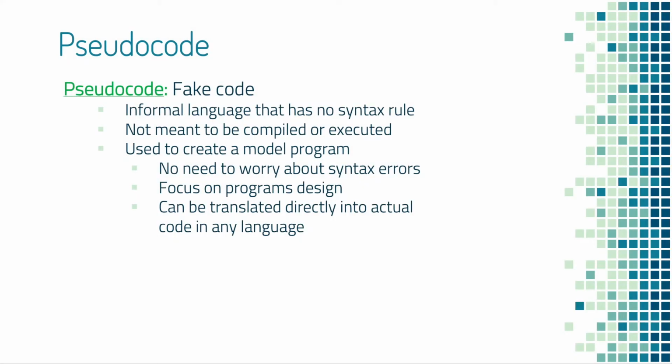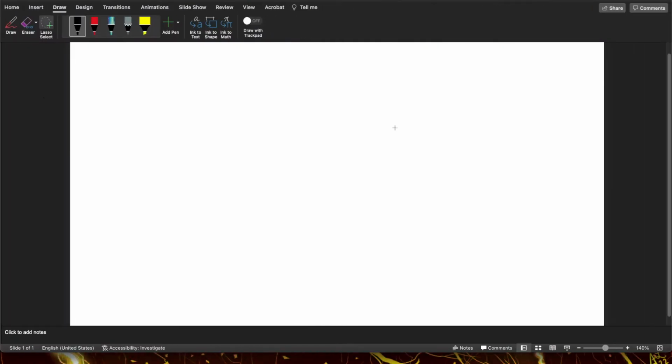Before we can actually design the program, we need to build pseudocode. As you're designing it, you're going to be writing out, okay, we need to do this step, that step, this step, that step. For instance, pseudocode would look something like this.